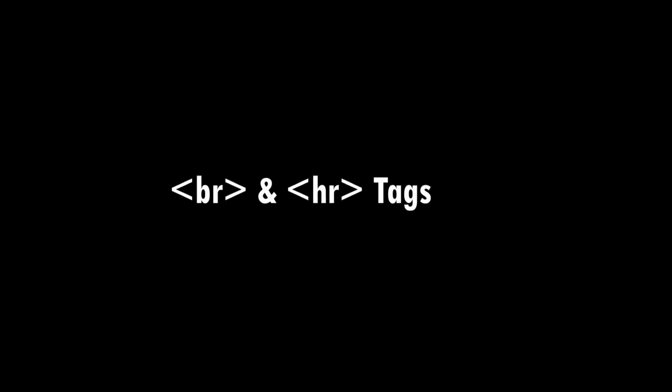BR and HR tags. The BR and HR tags in HTML are used for controlling the layout and visual separation of content. They are both empty elements, meaning they do not have closing tags.